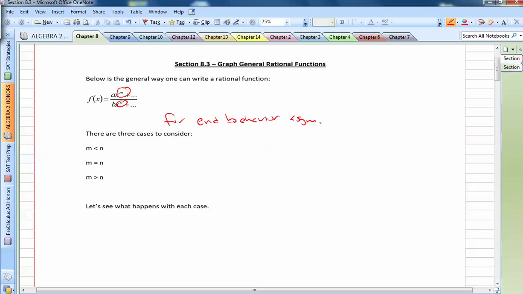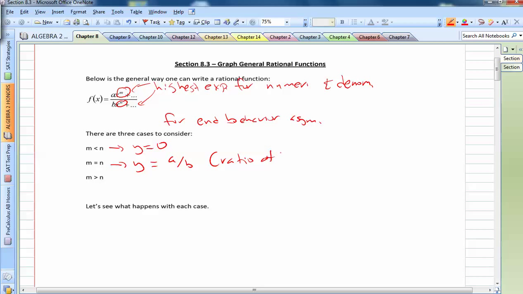Remember, degree is the highest exponent. Call them m and n for numerator and denominator. If m is less than n, you're going to have y equals 0 as your horizontal asymptote. If m equals n, it's going to be y equals a over b, which is the ratio of the leading coefficients. If m is greater than n, there'll be no horizontal asymptote. There's actually a special case when m is greater than n. We'll talk about that when I come back to campus.